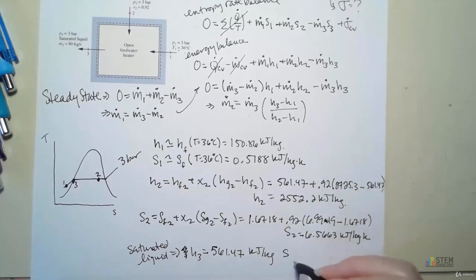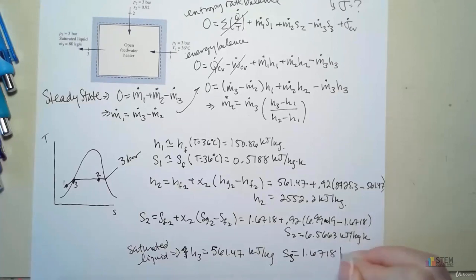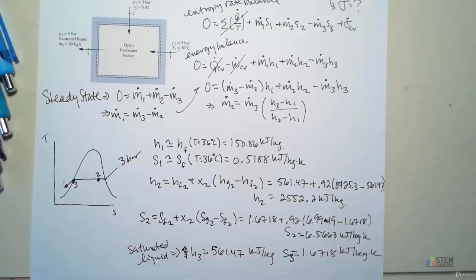And then for s, you already have that, it's 1.6718, and that's kilojoules per kilogram Kelvin. Now we finally have all of the numbers we need.